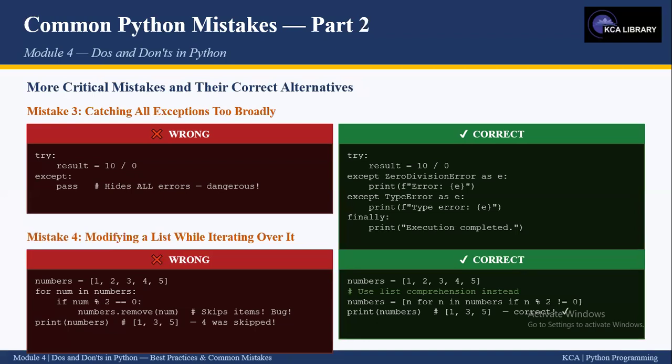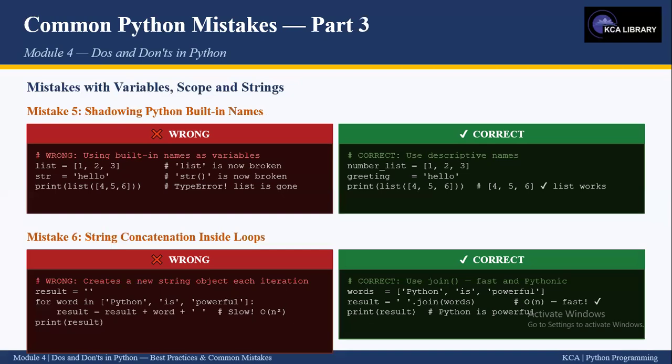So that is the correct one. The first one on the left is the wrong one, and the second one is the correct one. Also mistake 4, modifying a list while iterating over it. This is wrong, and this is the correct one.